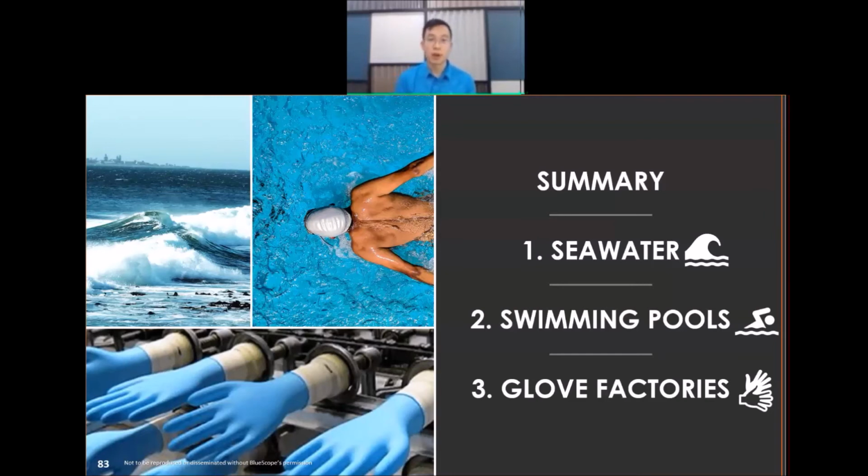And for the second point, swimming pool, what we covered is that disinfectant is needed to disinfect the pool, right? And in the process, it will generate this thing called hypochlorous acid that will react with sweat, or when people jump into a pool, they will react with the sweat or urine, forming what we call chloramine, which is corrosive to the best of the steel, which is stainless steel.